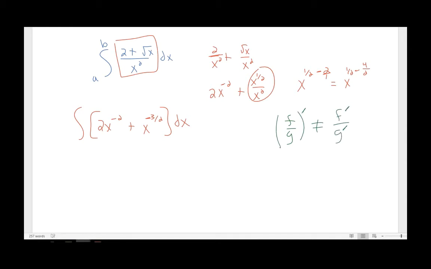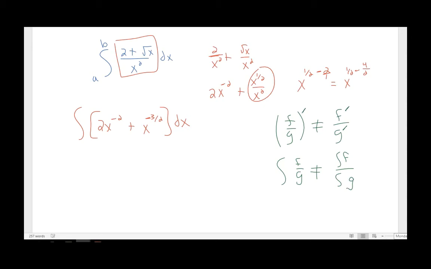That would be a quotient rule that I would do in terms of derivatives. So integrals can't be done in the same fashion. I can't just integrate the numerator and integrate the denominator. That is not true.